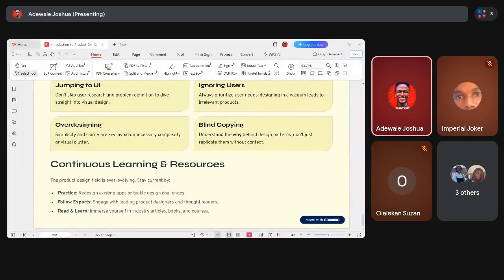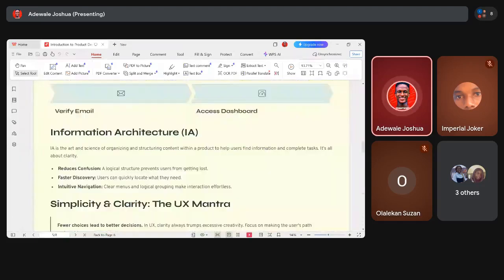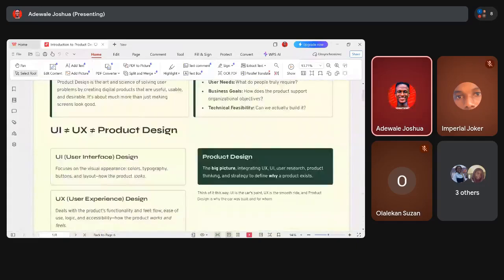All right. So just a quick recap. We learned what UI UX is, and who is a product designer. We learned some of the thinking process, which is to design with empathy.